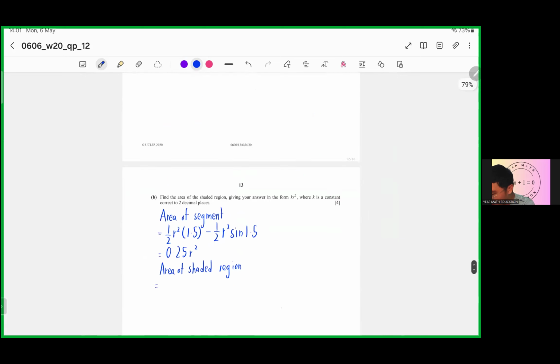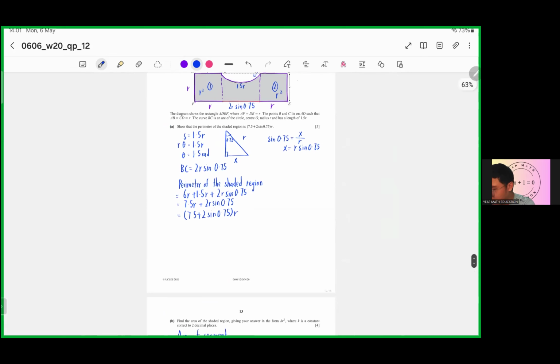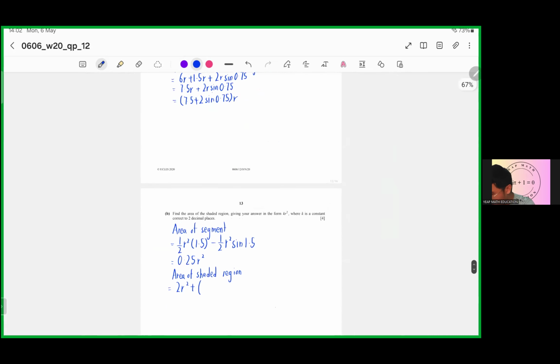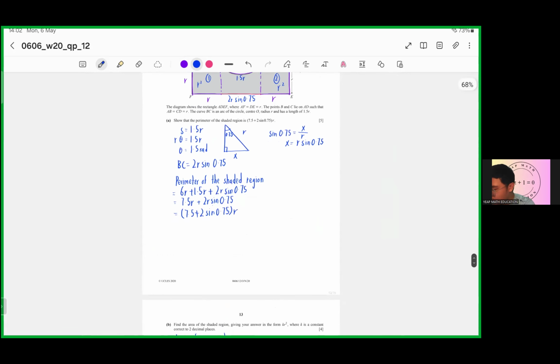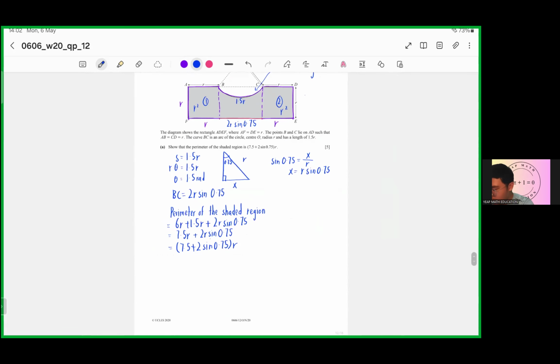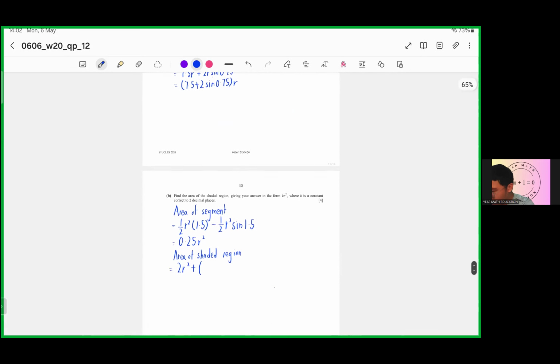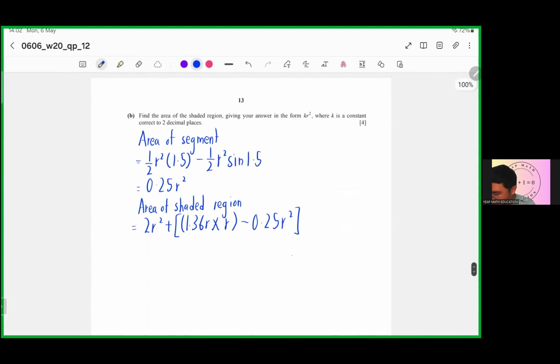So we will get 2R squared plus, we can take this 2 sine 0.75, actually it is 1.36, 1.36R and then multiply by R, minus 0.25R squared. So let's see what the answer is.